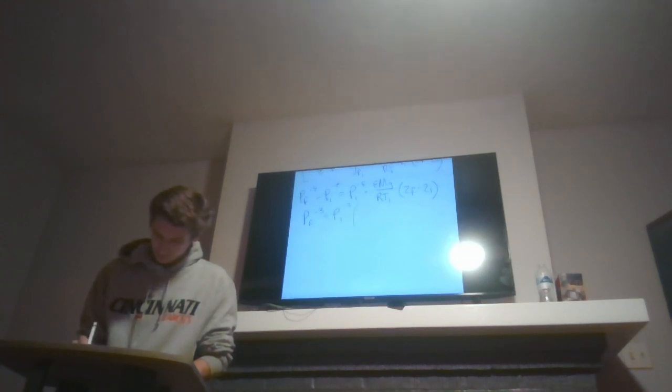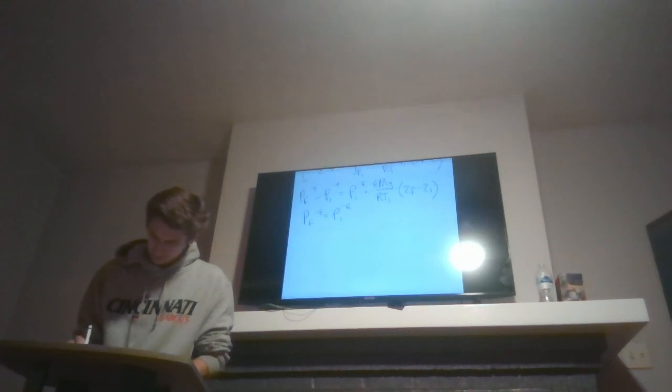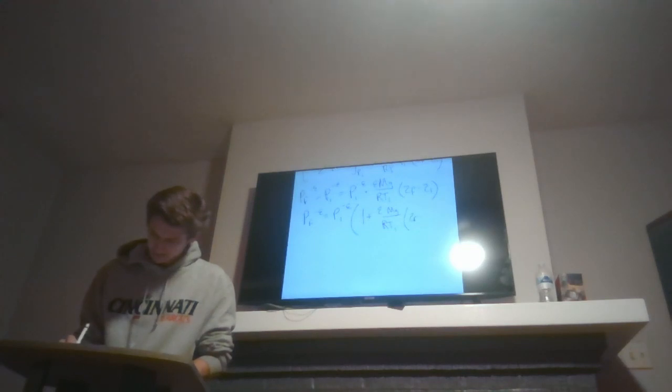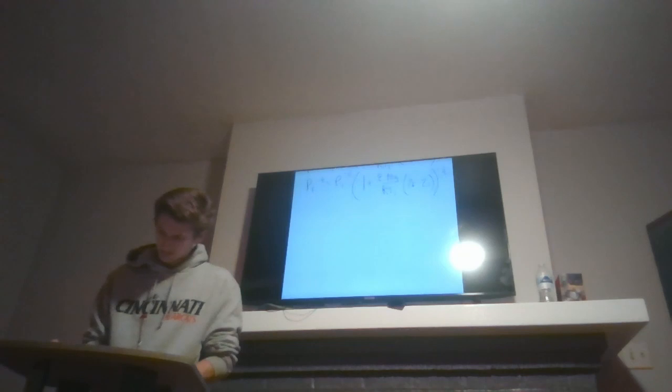P1 to the negative epsilon, times 1 plus epsilon times mg over RT1 times ZF minus ZI, all of that to the power of negative 1 over epsilon. Alrighty, that looks good. Now let's do a little bit more.